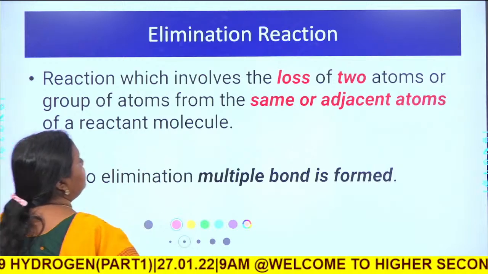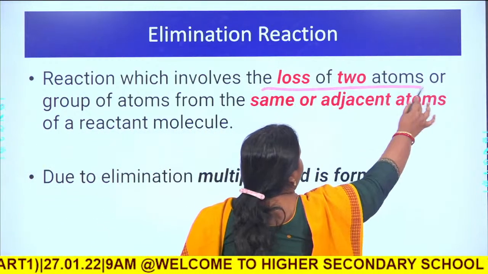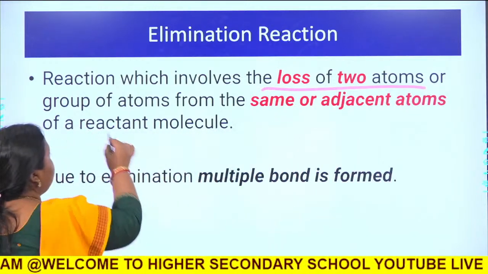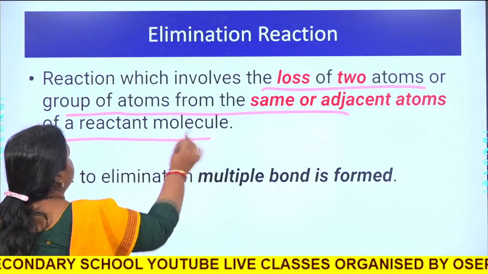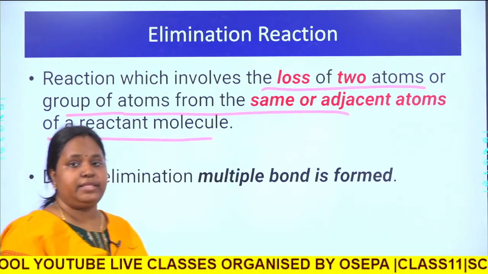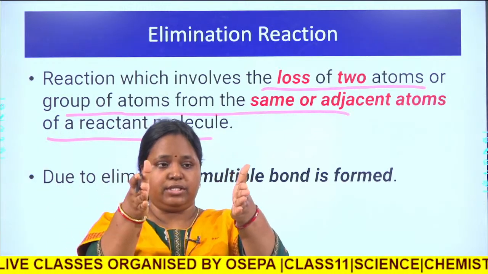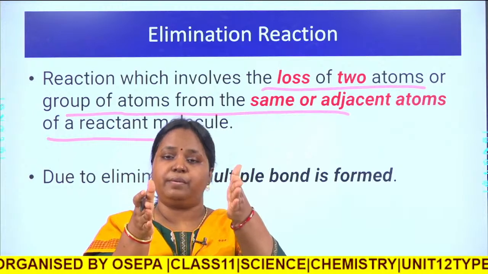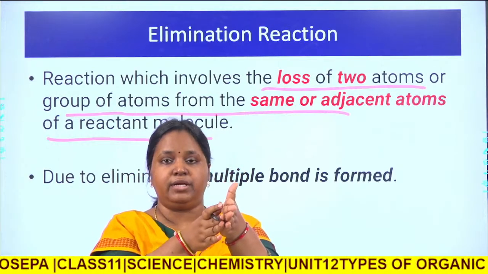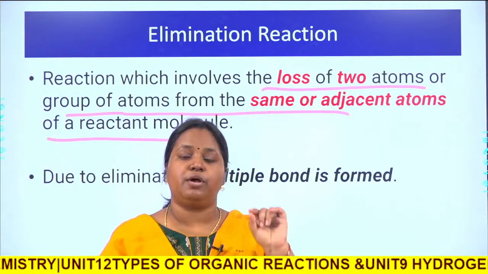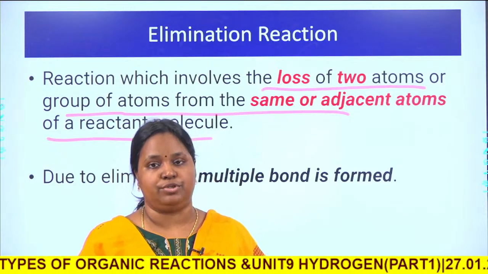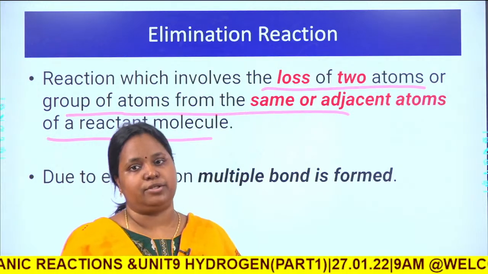It involves the loss of two atoms or group of atoms, remember, from the same or adjacent atoms of the reactant molecule. If some atoms are lost and a double bond or triple bond is formed, that is called an elimination reaction.